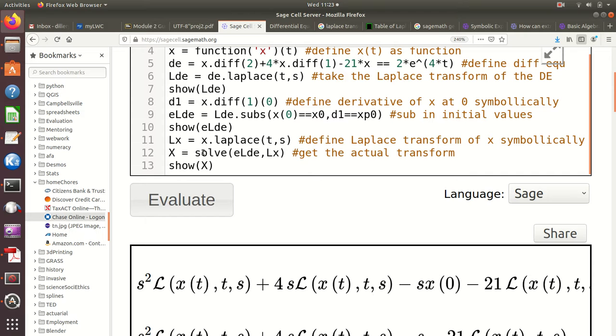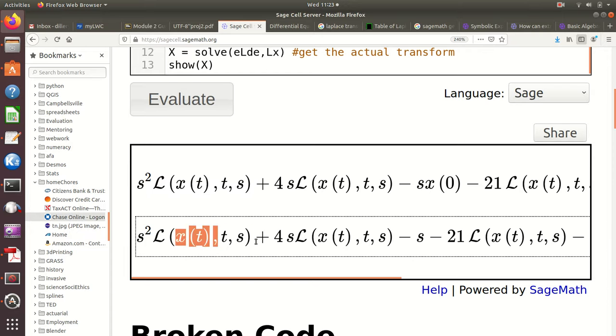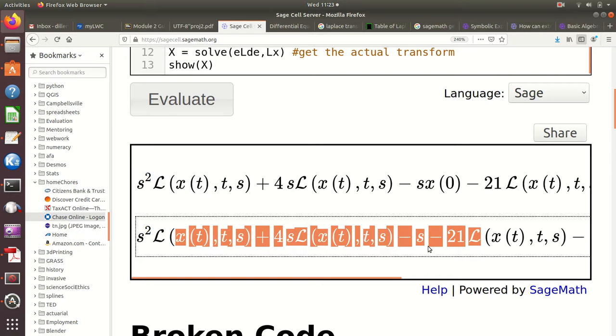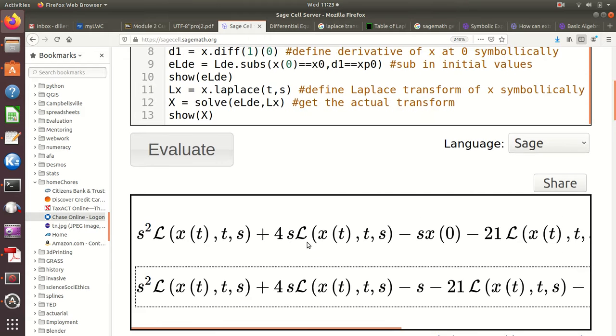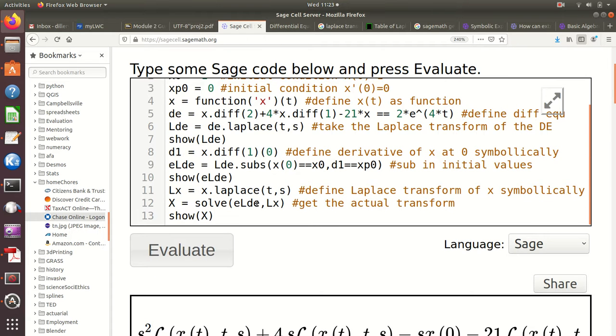So this is what I did first: I defined that Laplace transform, and then I said solve that expression up there for that Laplace transform. So I'm saying solve this equation for the L of x t and s.